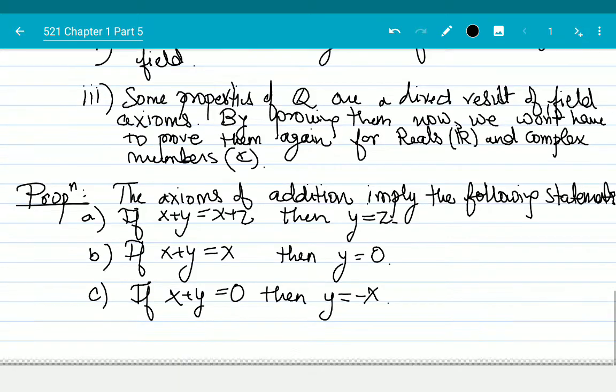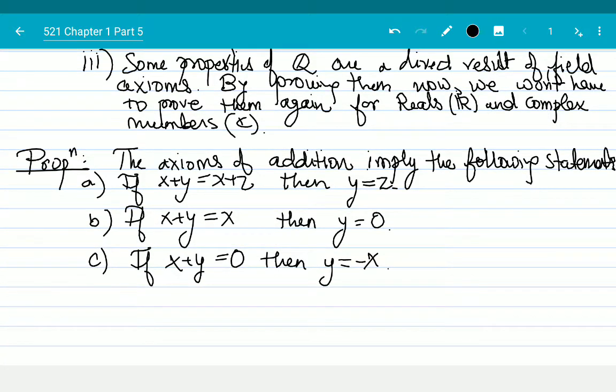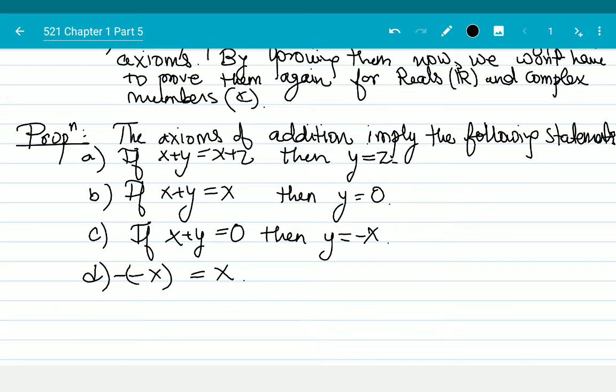So this third property is basically what I mentioned about the uniqueness of negative, right? And number 4, negative of negative x is equal to x. I am not going to prove all 4 of them. I will prove property 1, and I'm going to leave the others to you as exercise.